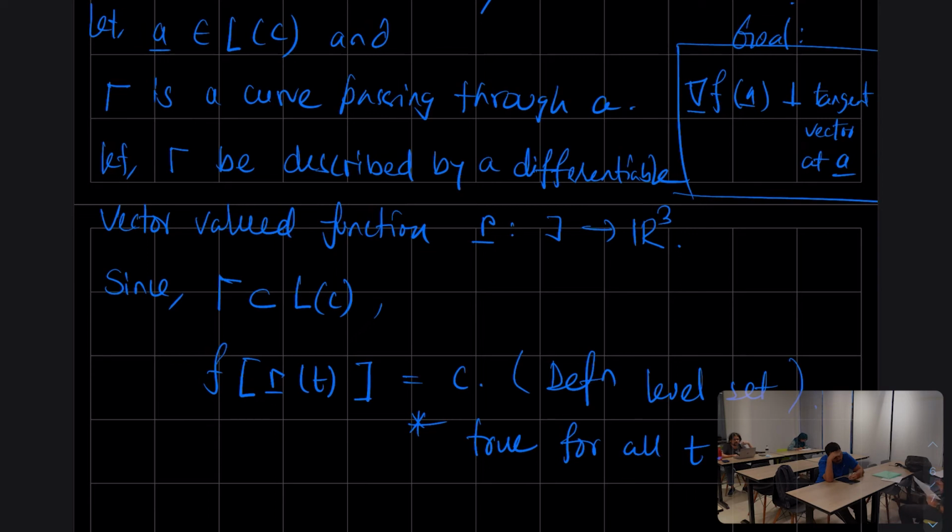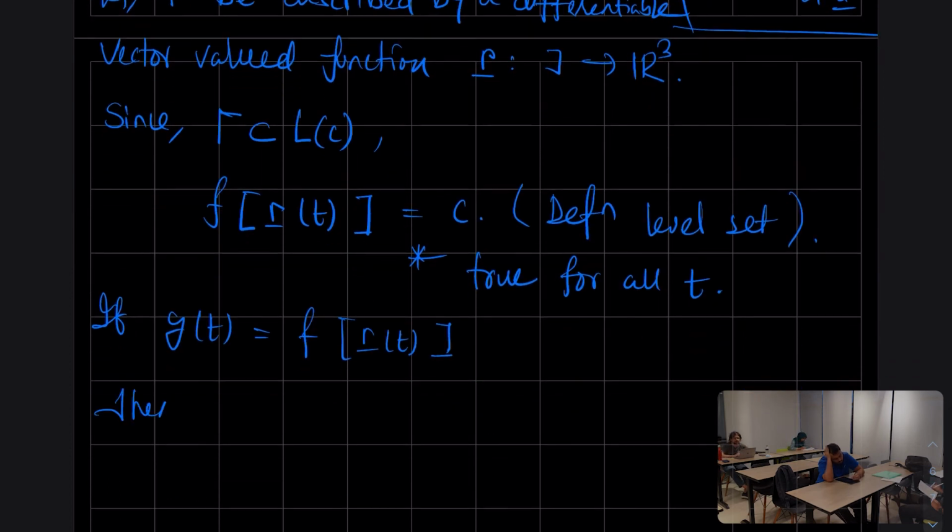Therefore, for all t, this is a constant. So if I take a derivative with respect to t, it's going to be 0. Now if I define this g(t), then g prime(t) is 0.